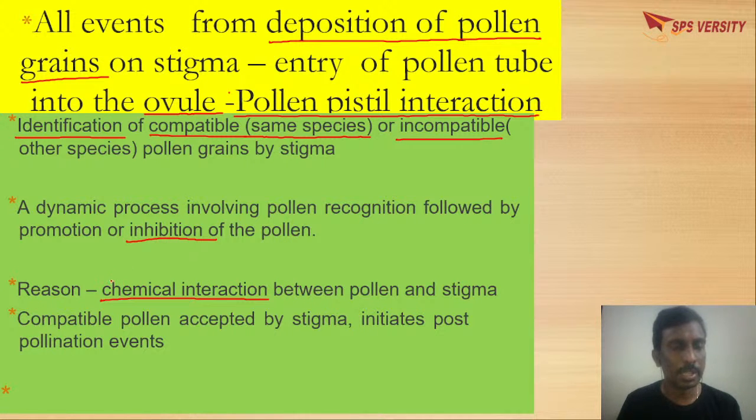The chemicals present on the pollen grain and the chemicals present on the stigma will identify whether it is compatible or not. When it is compatible, the pollen grain is accepted by the stigma, which initiates the next events.